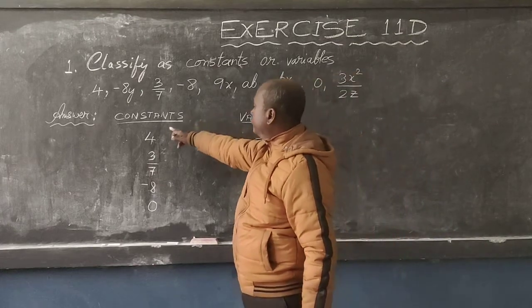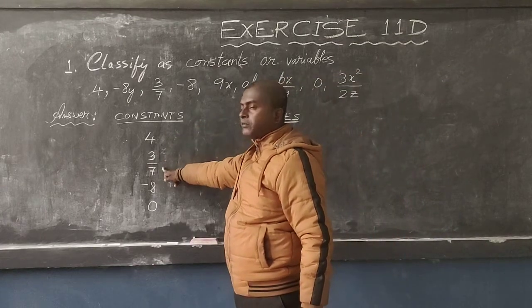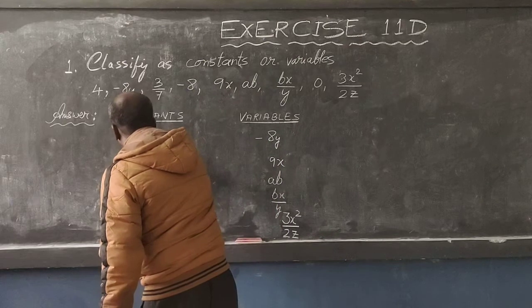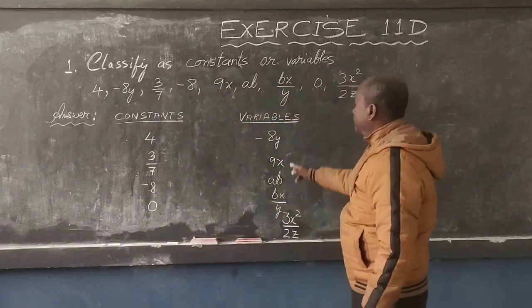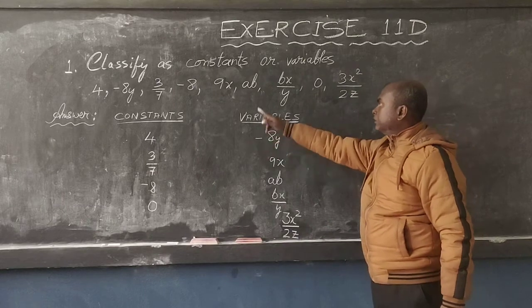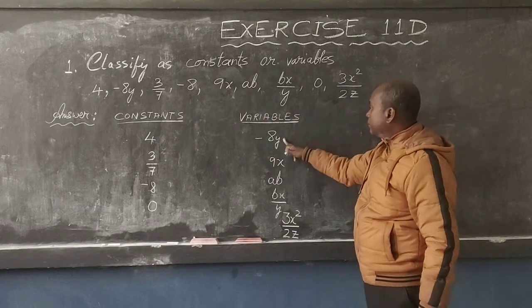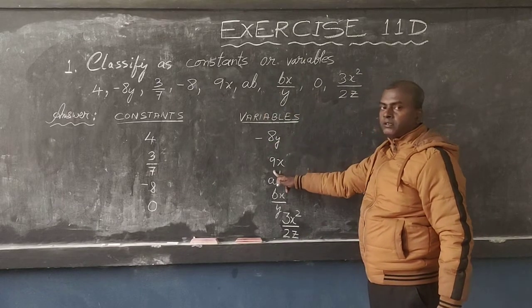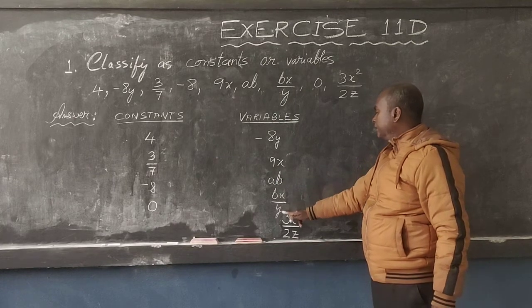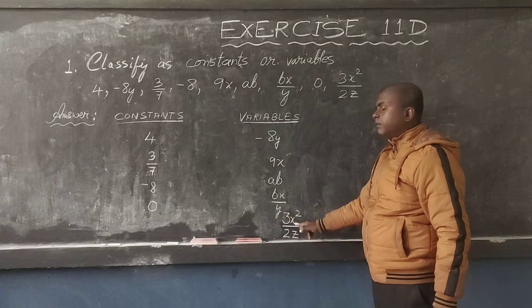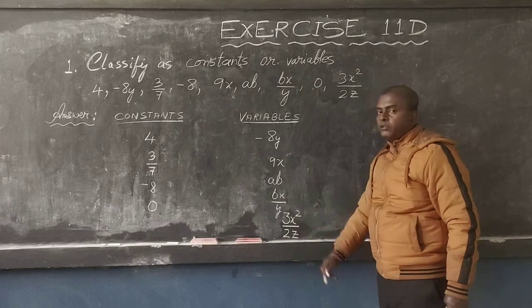Under constants you have 4, 3 by 7, minus 8 and 0. Under variables, among these expressions, the variables are minus 8y by 9x, ab, bx divided by y, and 3x square by 2z.